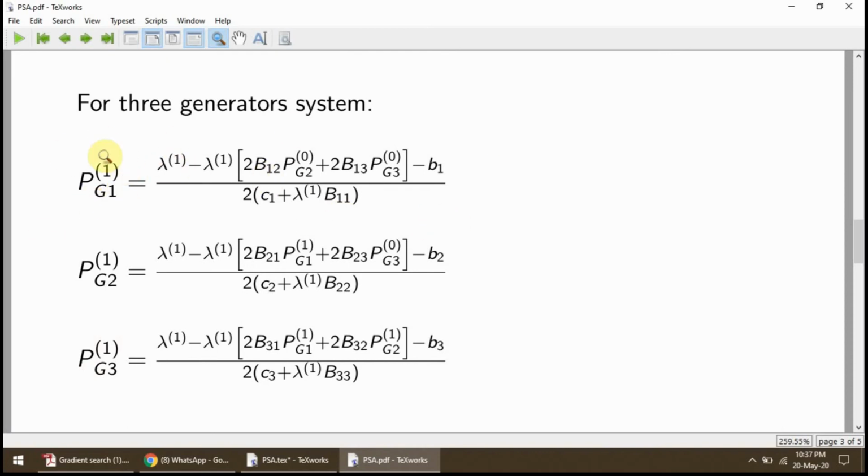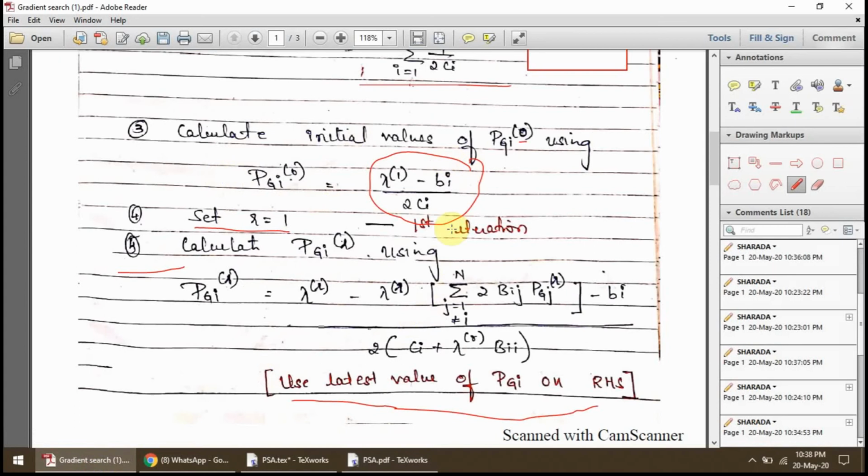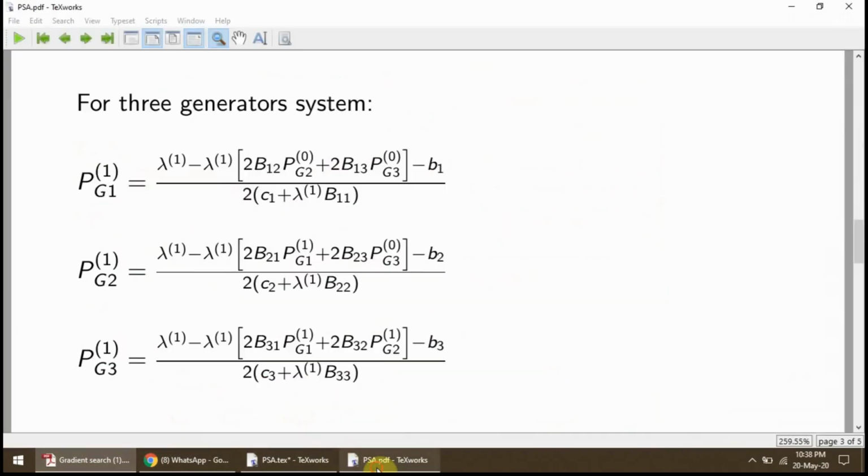While calculating power output in the first iteration, we require the power output of the second and third plants. That is calculated using the previous iteration values. For the first iteration, these will be your 0th iteration values, which is why we calculated PGi of 0.